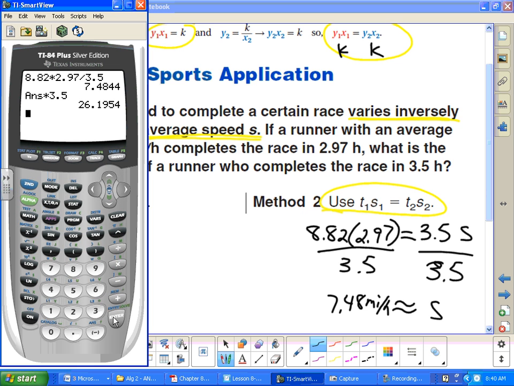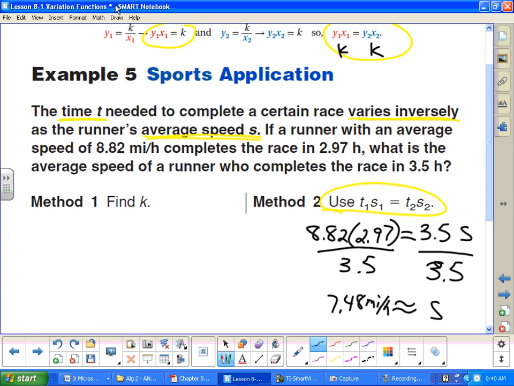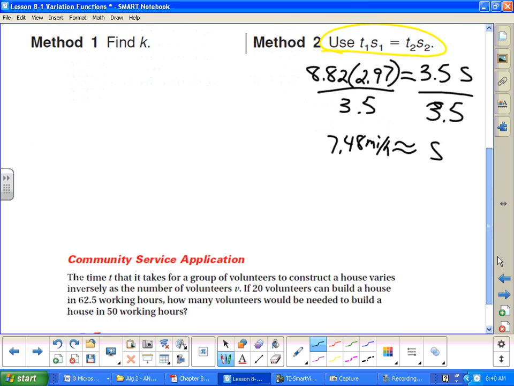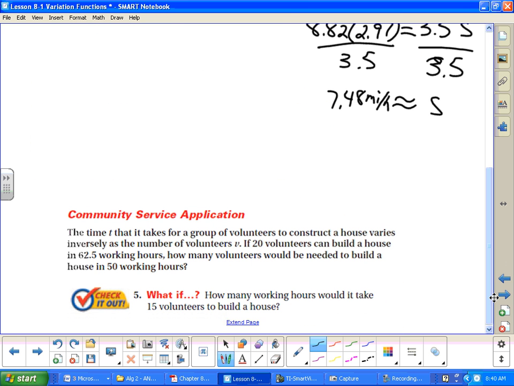Or 8.82 times 2.97. What do you think that was that they ran? A marathon, yep. So not only was this person running, they had a specific reason they were running, a marathon. All right. You okay with that then?